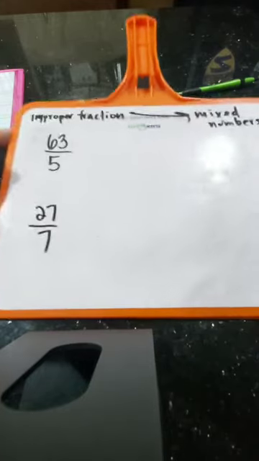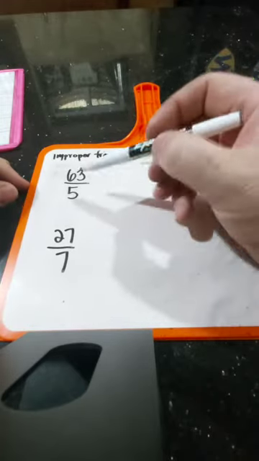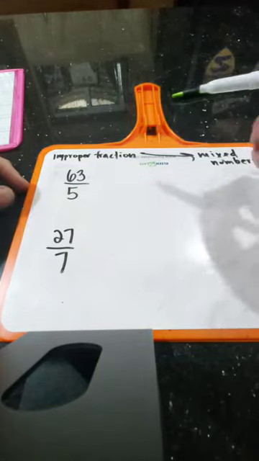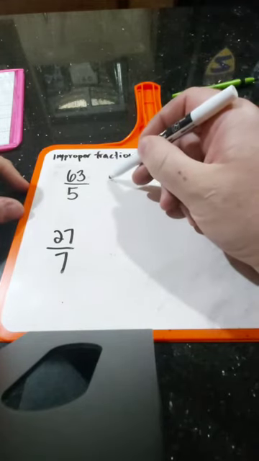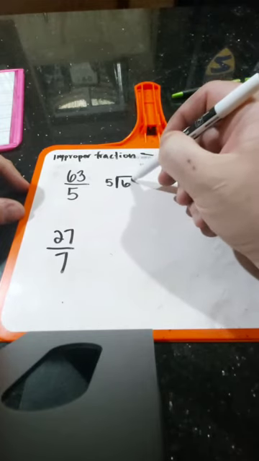The way that we're going to do that is we're going to take our denominator and divide it into our numerator. So how many times does 5 go into 63?